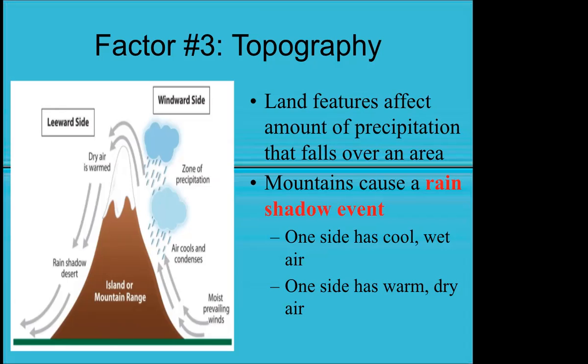So one side has cool, wet air, and the other side has warm, dry air. That's just like anywhere. You can leave school, it could be raining. You can get a mile or 2 down the road, is it raining? It might not be.